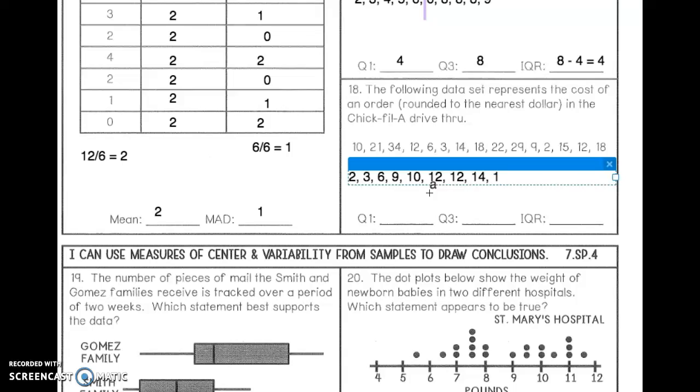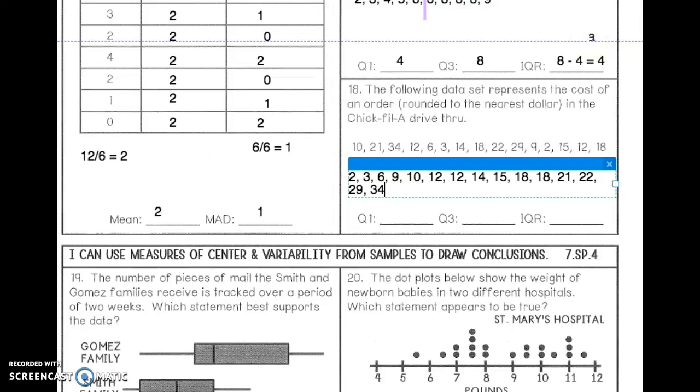We got a 14, we got a 15, we got an 18, 18, 21, 22, 29, and 34. So we should have 15 numbers. 1, 2, 3, 4, 5, 6, 7, 8, 9, 10, 11, 12, 13, 14, 15.